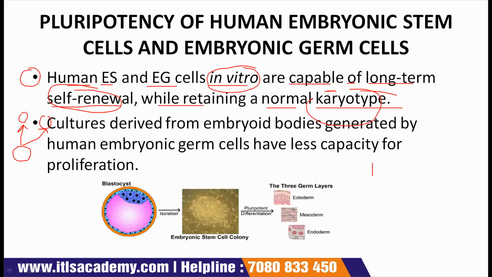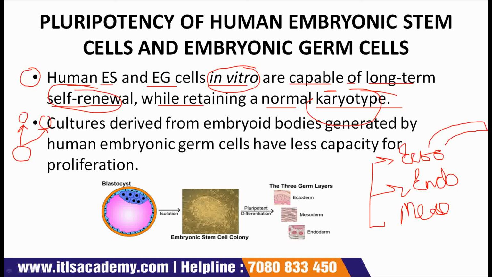Three germ layers are ectoderm, endoderm and mesoderm. These are three germ layers. Ectoderm is the outer covering, endoderm is found inside the ectoderm, while mesoderm is the middle portion of any particular part.